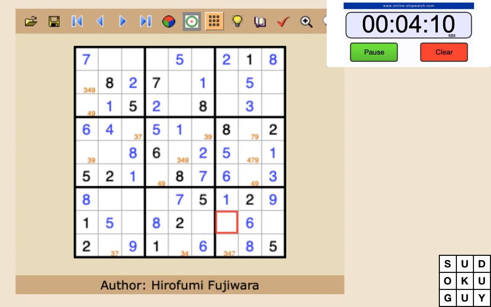Kind of the same numbers over and over again, isn't it? Oh, wait, this box is just missing 3, 4, and 9. This is the only place a 9 can go. Great. Now this is just missing 4? Yeah, 4.